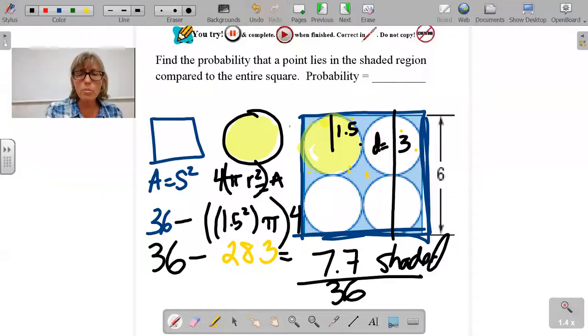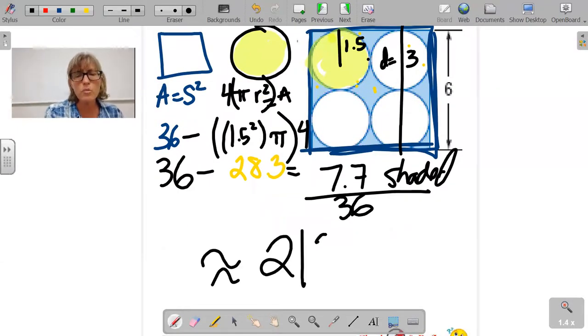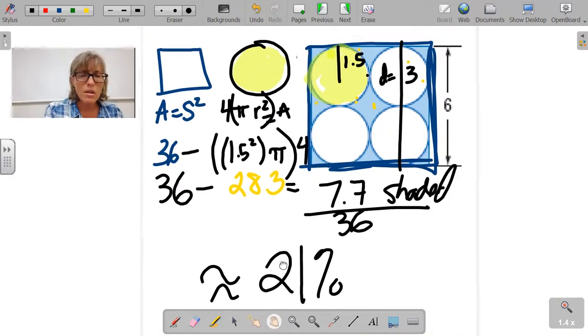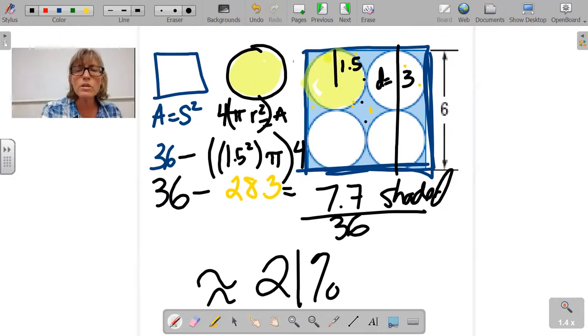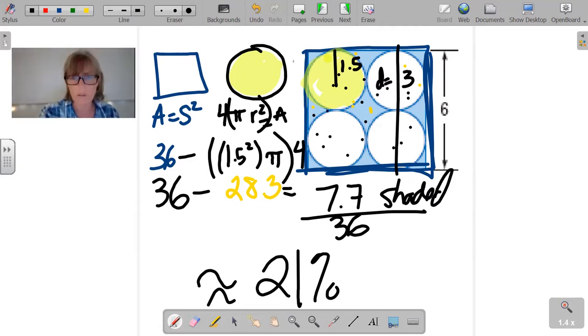And there is approximately a 21% probability that any random point landing within the square would also land within those circles. If you got this problem correct, big star smiley, woo-hoo!